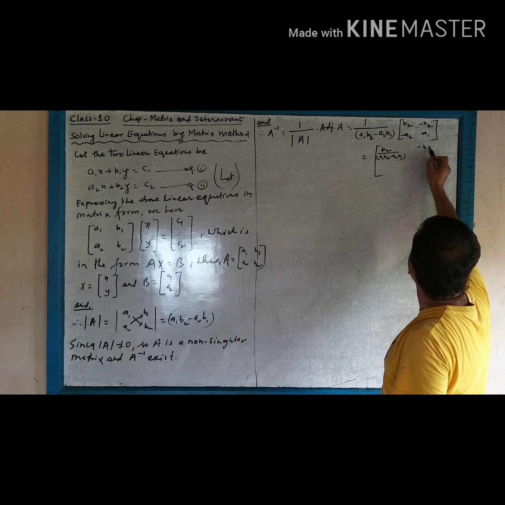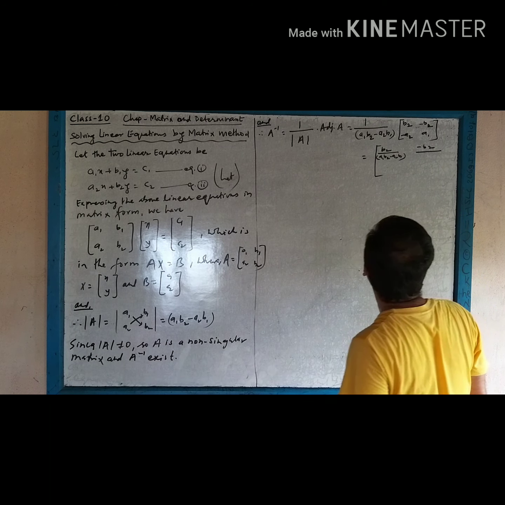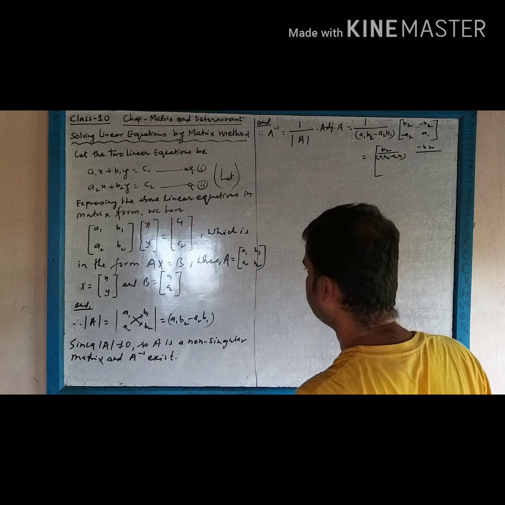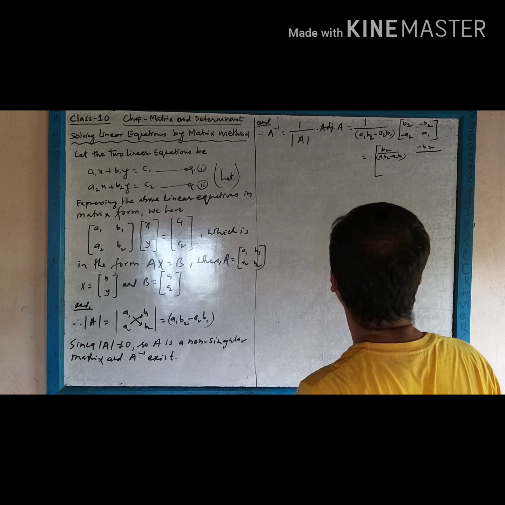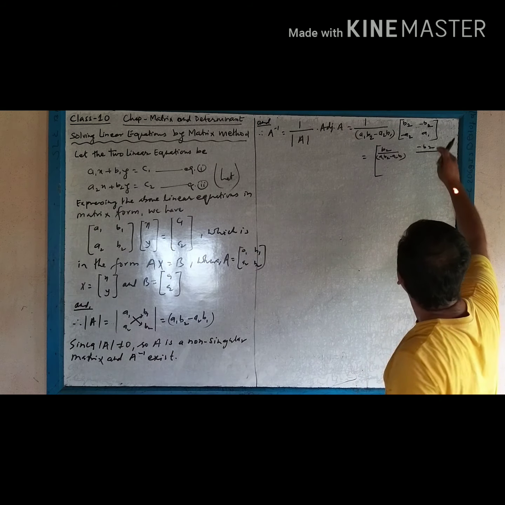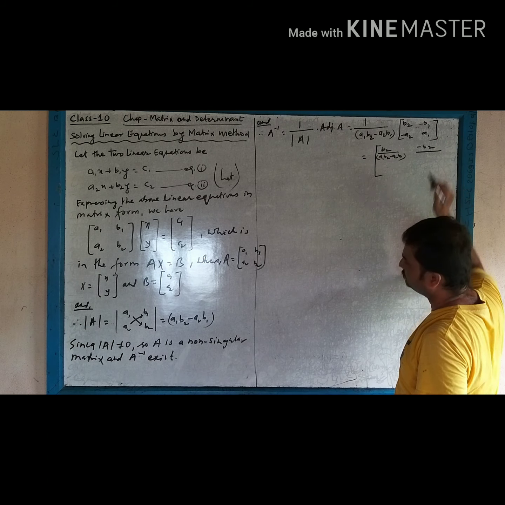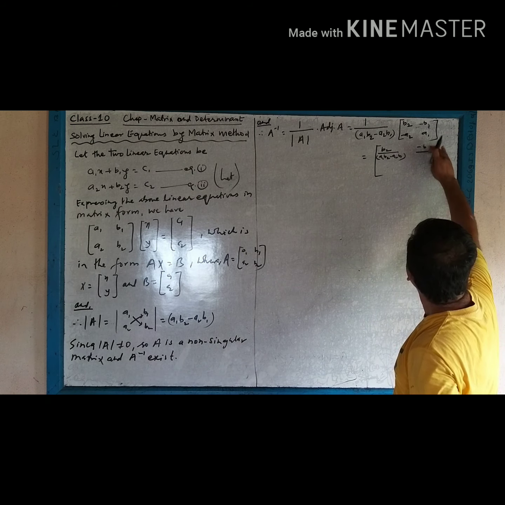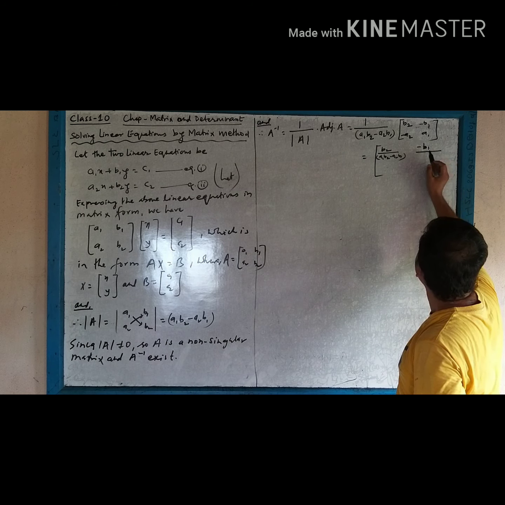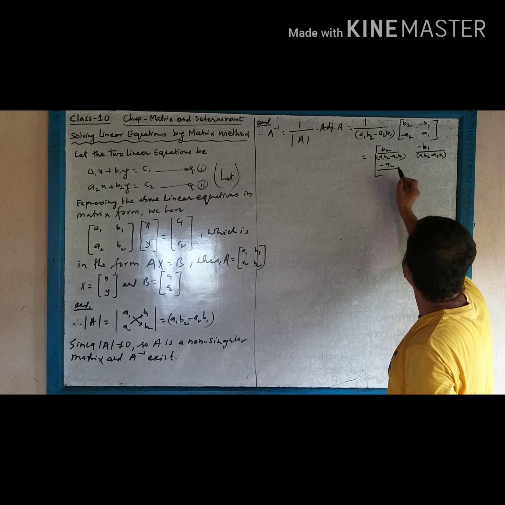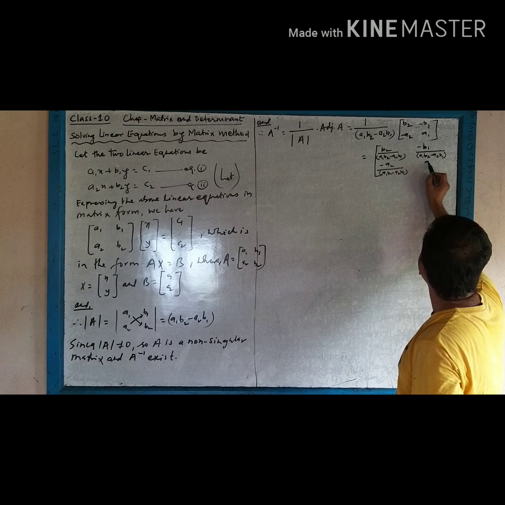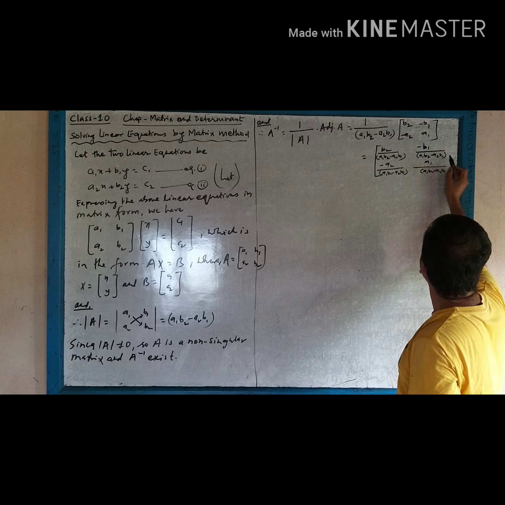Then minus B1 by A1 B2 minus A2 B1, then minus A2 by A1 B2 minus A2 B1, and A1 by A1 B2 minus A2 B1.